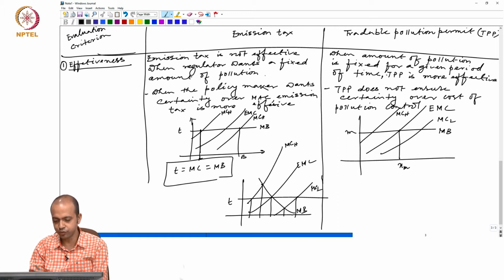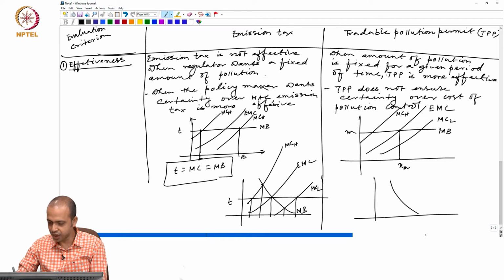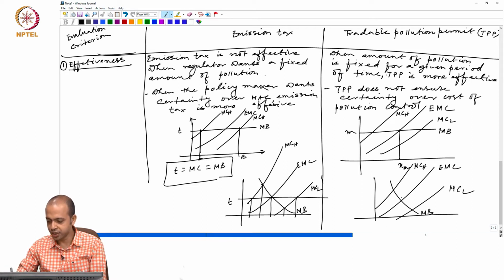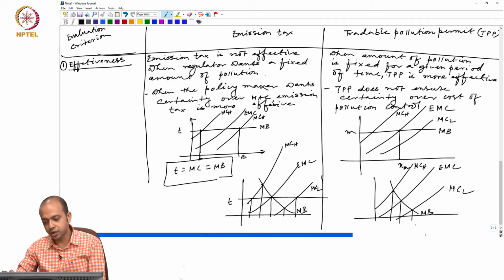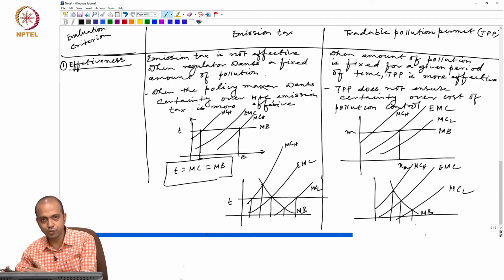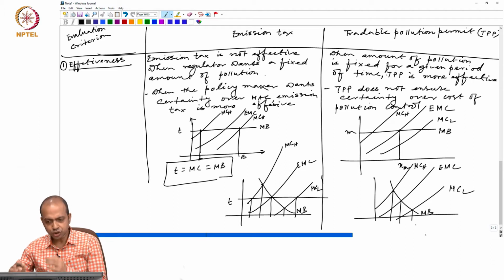However, when MB is a steep straight line, with expected marginal cost, MC low and MC high, the effectiveness of tradable pollution permit increases. So, these are alternative cases.